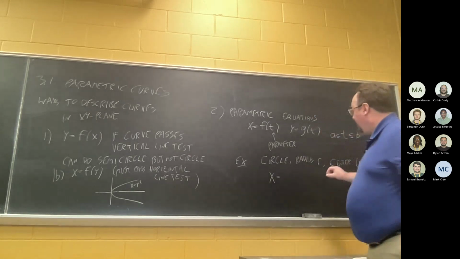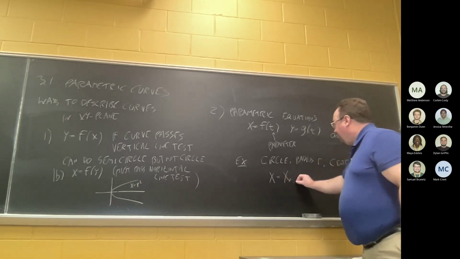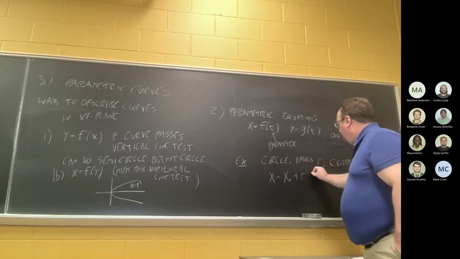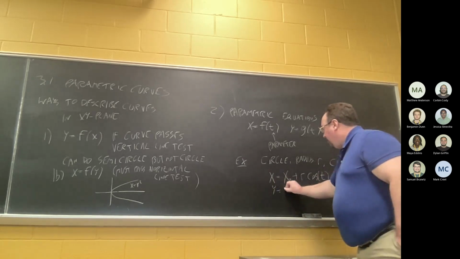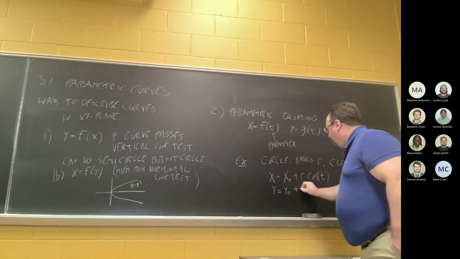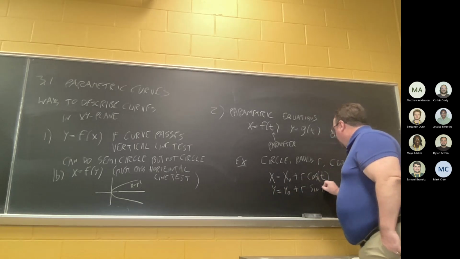So the x coordinate would be your center x naught plus r cosine of t. And then y would be the y coordinate of the center plus r sine t.